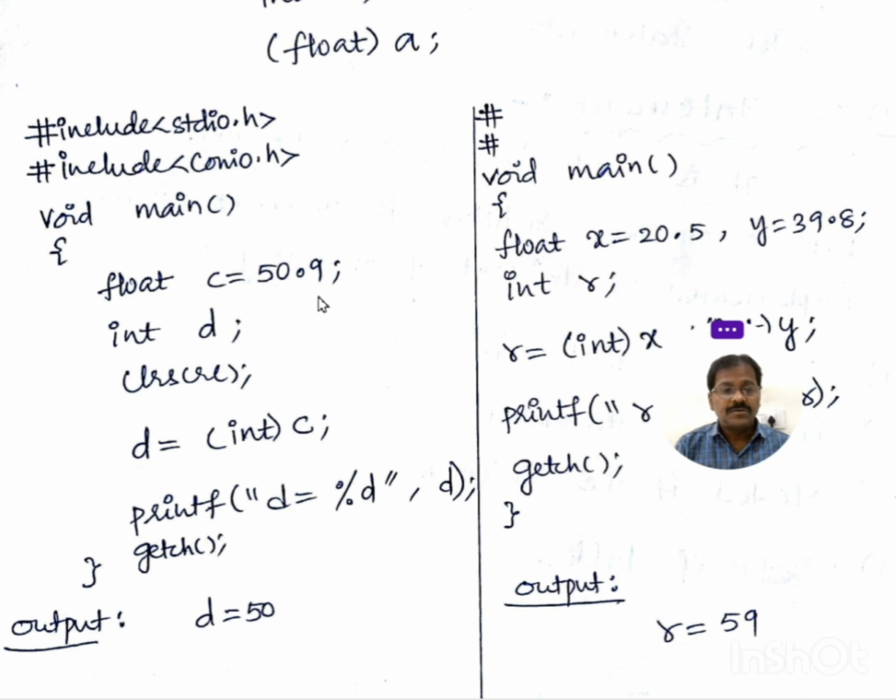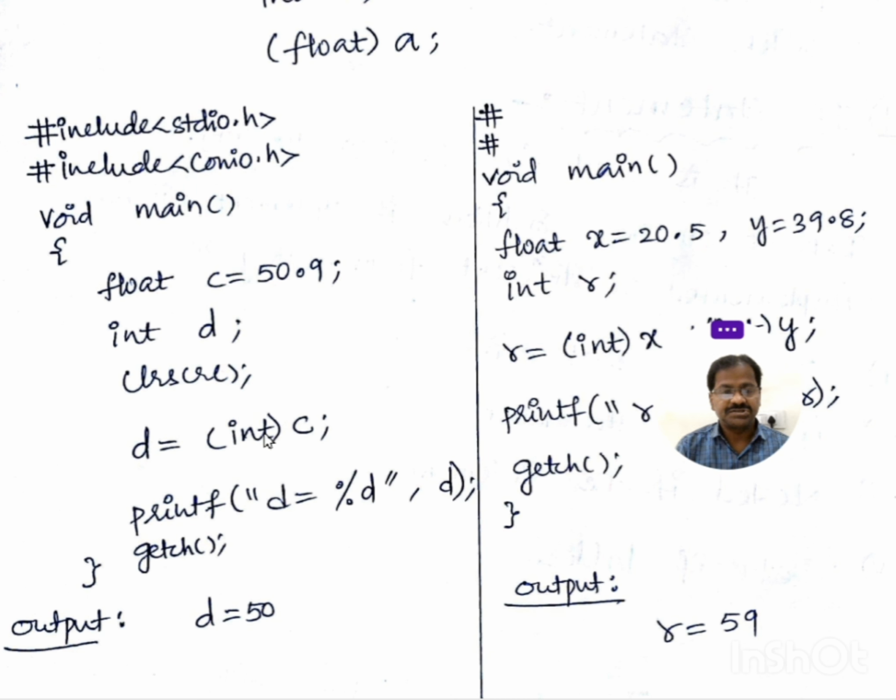Here you see c value is 50.9. I am going to convert the float value into integer. This is the explicit conversion. Externally we are giving it. The compiler will not give it. So it is called explicit conversion.